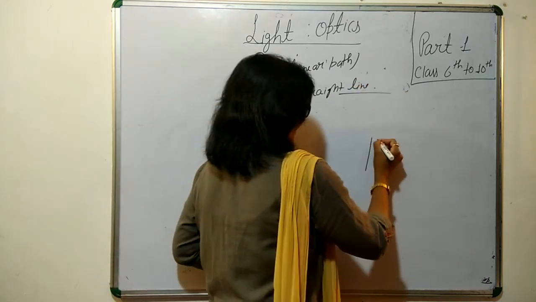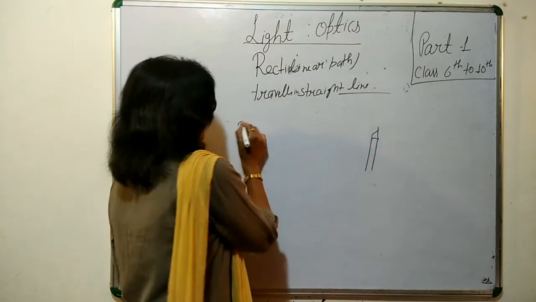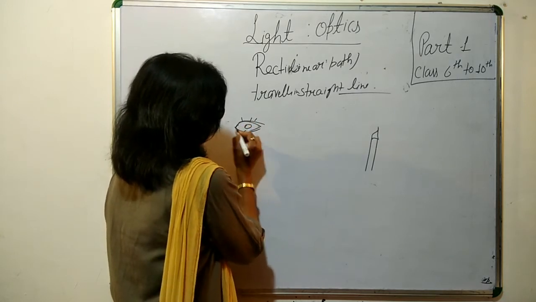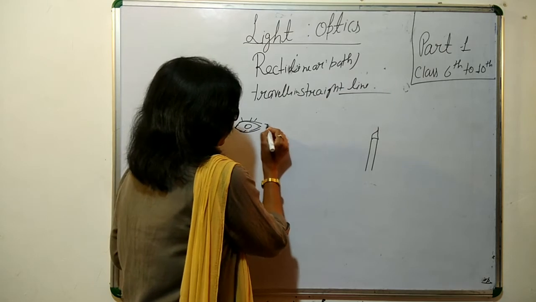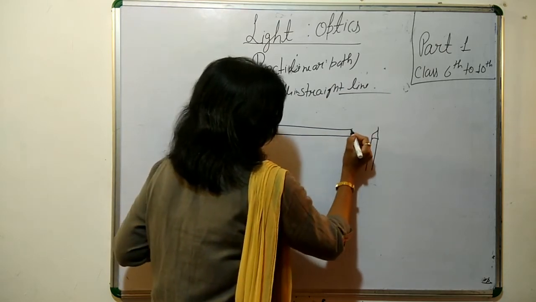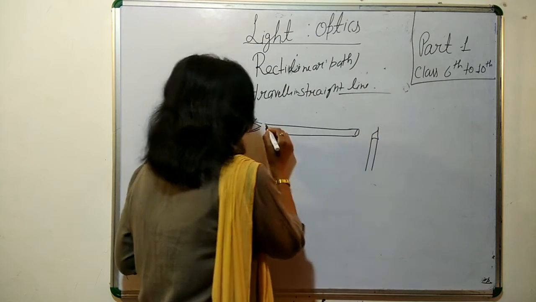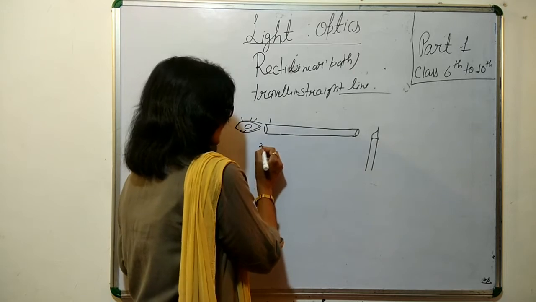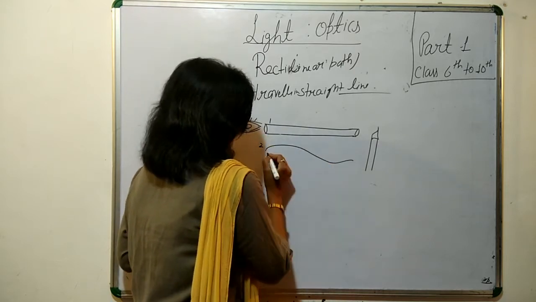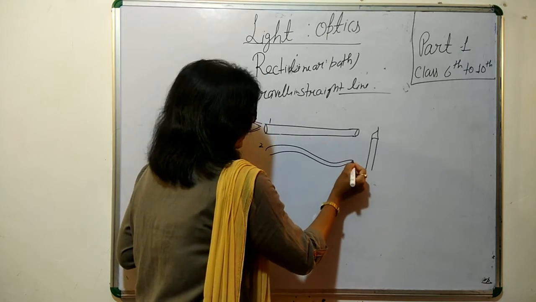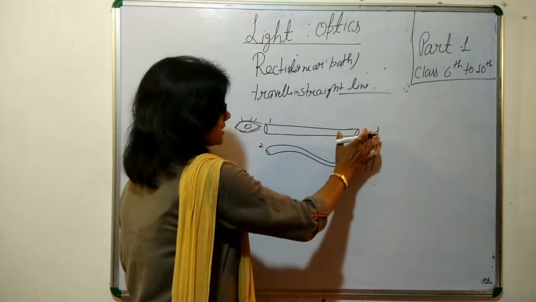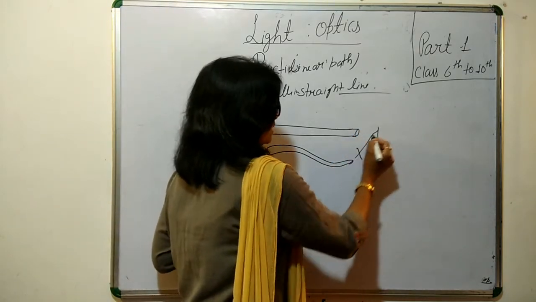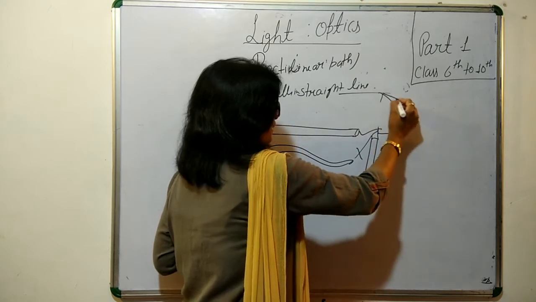If you have a candle, and this is your eye, and you have a tube like this, in the first case you can observe the flame, but in the second case, if you twist this tube, can you see the flame? Obviously not. Why? Because light travels in a straight line.